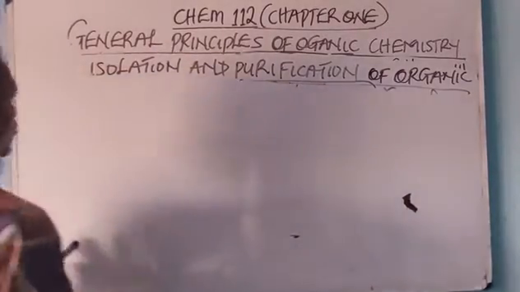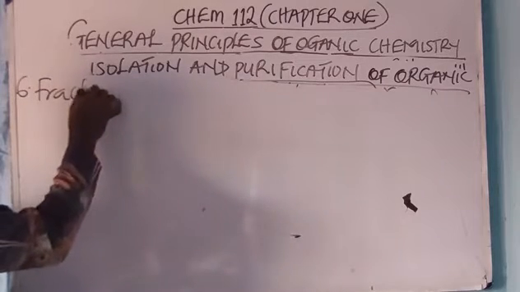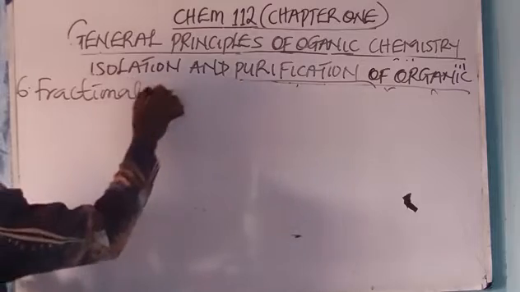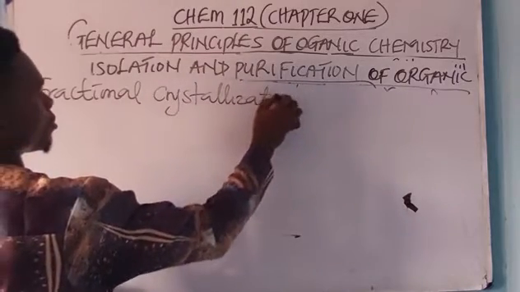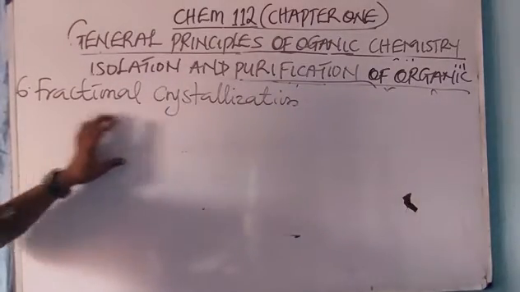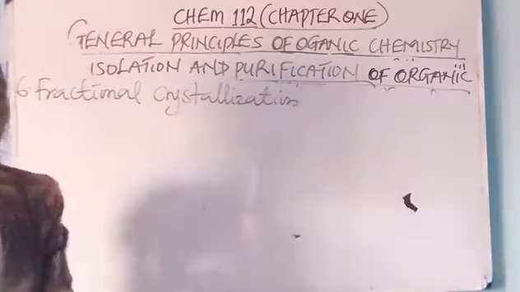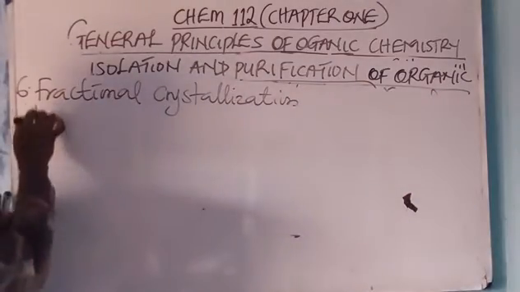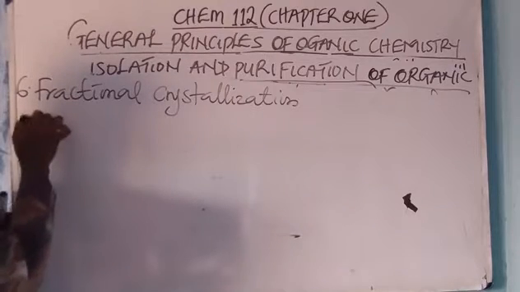Another method in which we can separate compounds is through fractional crystallization. It's very easy. Fractional crystallization is used to separate two or more solids with different solubility. Take note of that.